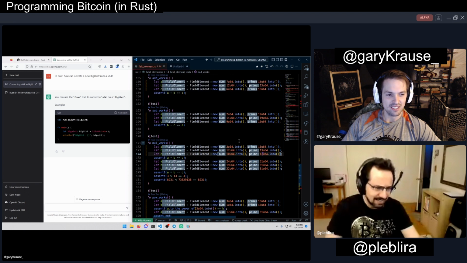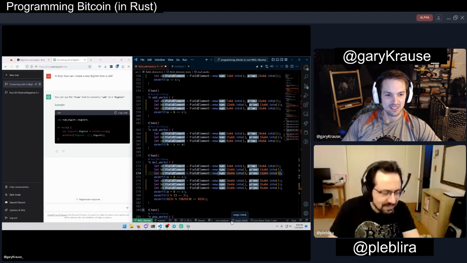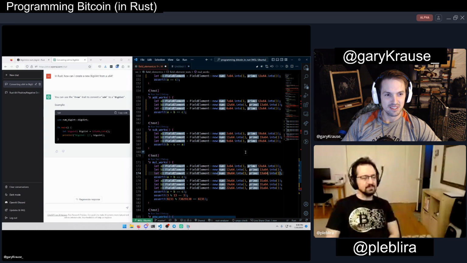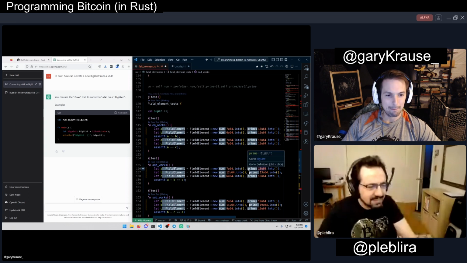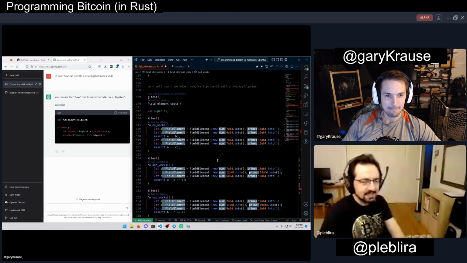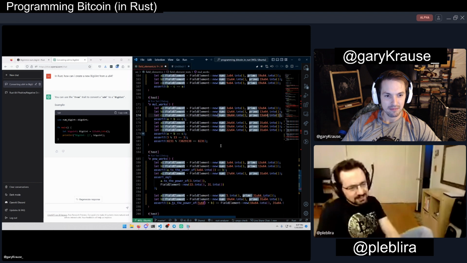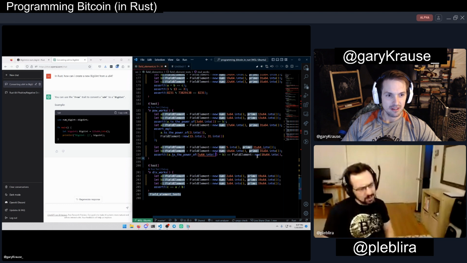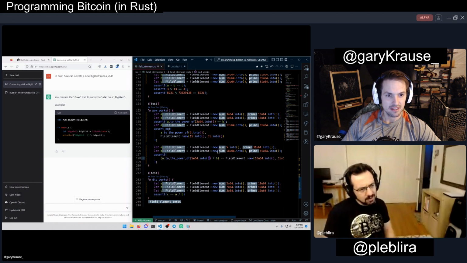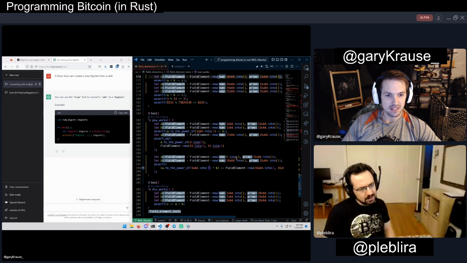Now let's let the Rust Analyzer catch up. See if it's happy. There's a to the power of that was missing. U64 dot into. Okay. Nice. There's still some missing.